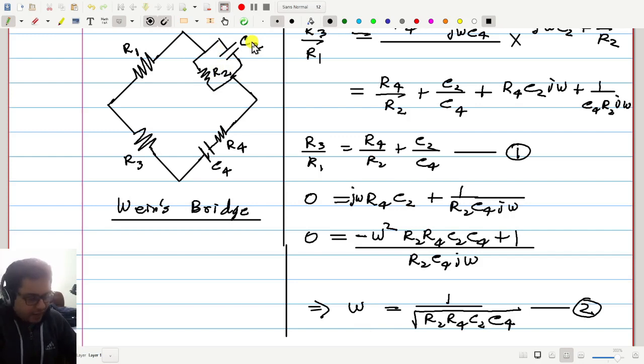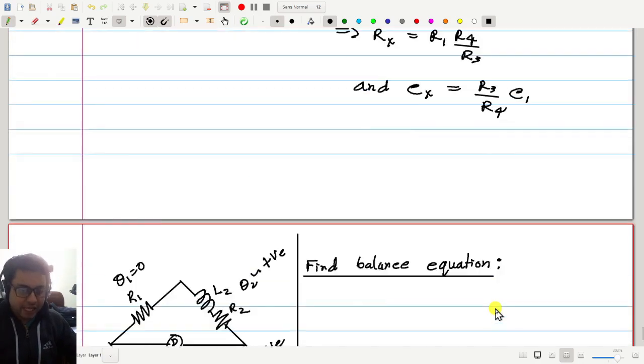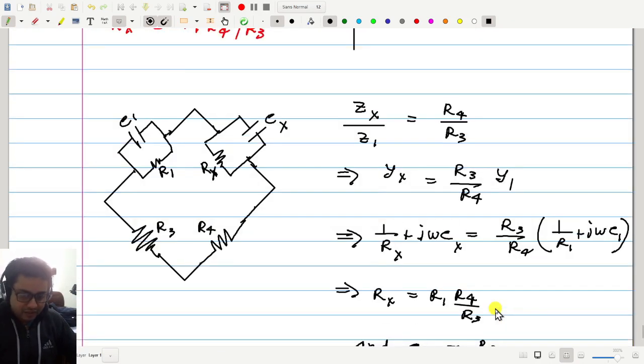But for measuring capacitors or impedance, we will not go for these ugly derivations, because as we saw yesterday, if this is my unknown, here if I take this, yes.